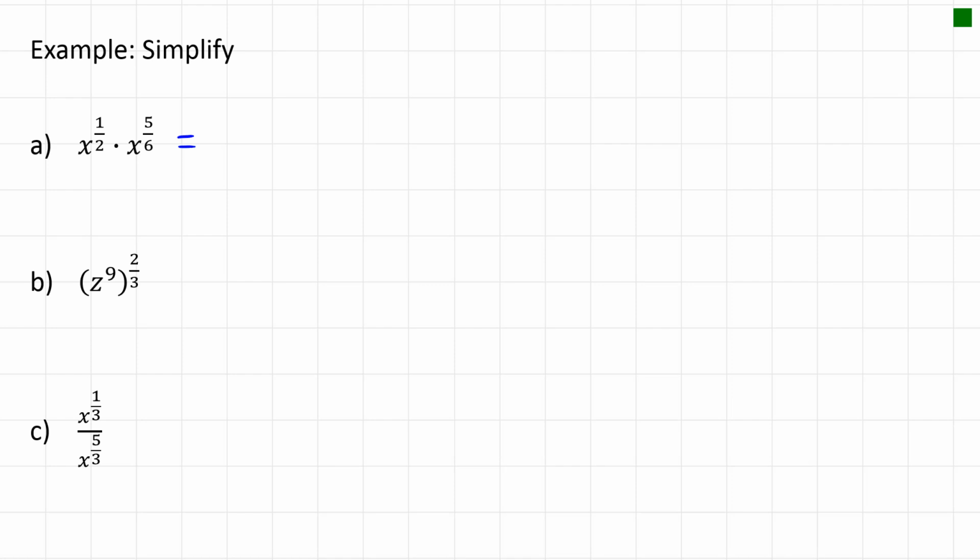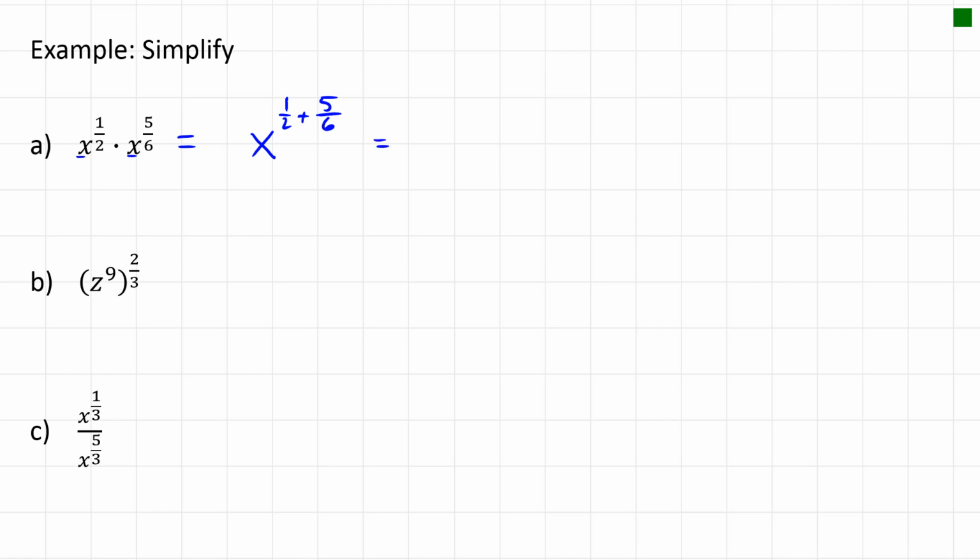X to the power of a half times x to the power of 6. What exponent rule lets us combine these? Well, the bases are the same. Each of these powers has an x as a base. So this would be x to the power of, well, we have to add the exponents. This is our product rule for exponents.